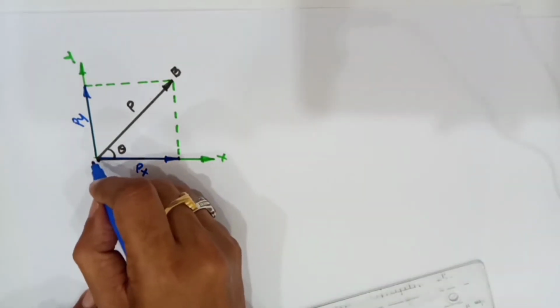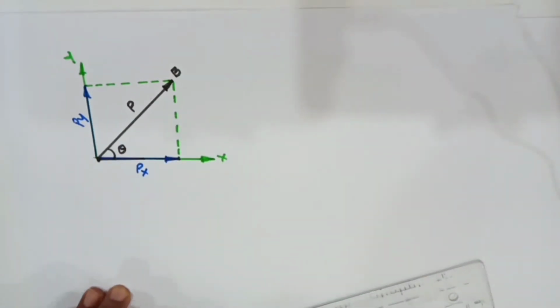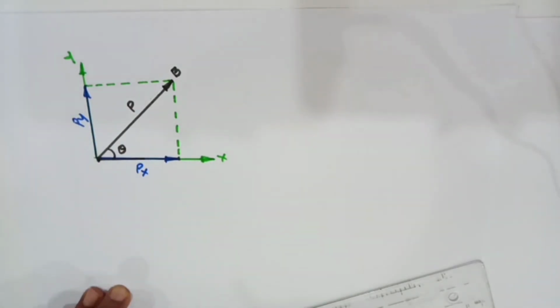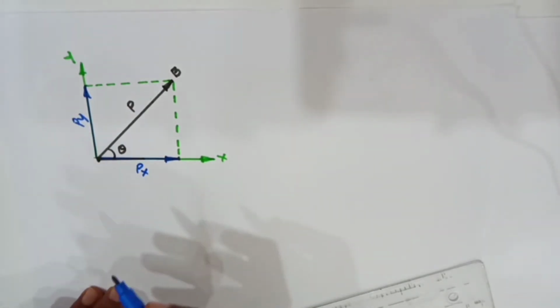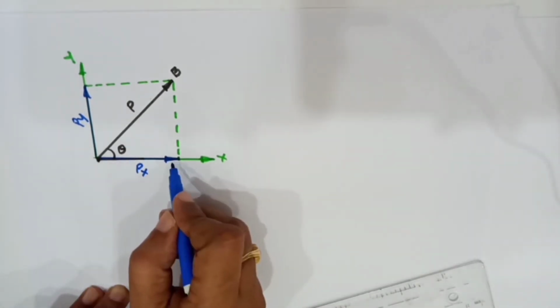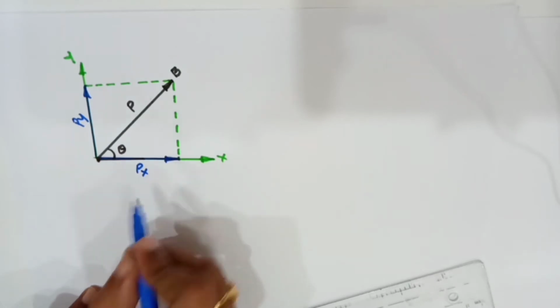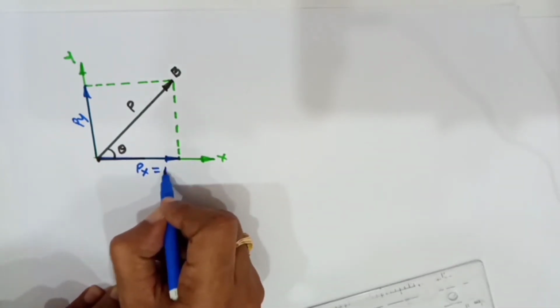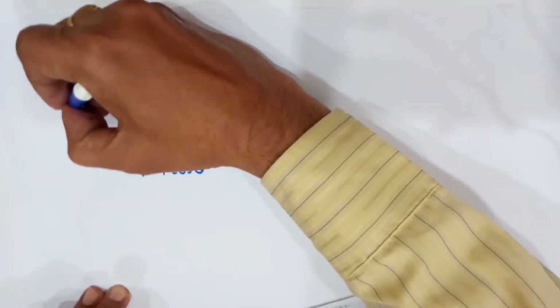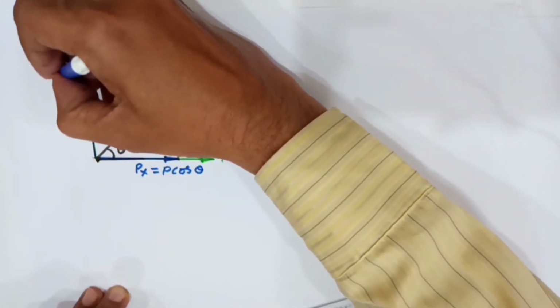Here the force is outward from the body, so the component forces are also outward. As we know from trigonometry, this particular length becomes P cos theta. So Px is equal to P cos theta and Py is equal to P sin theta.